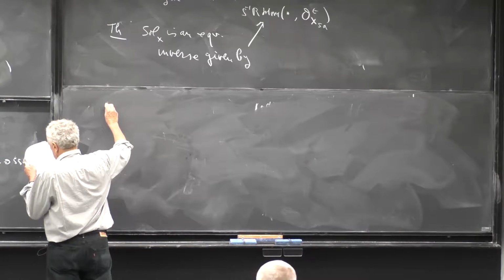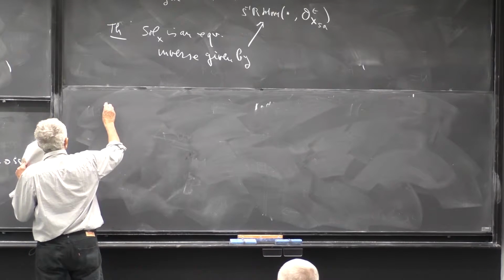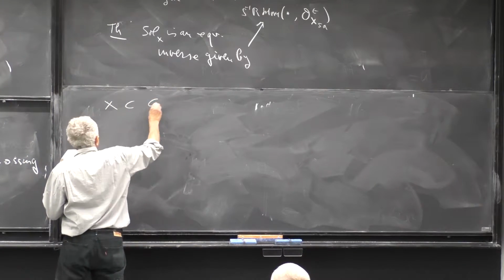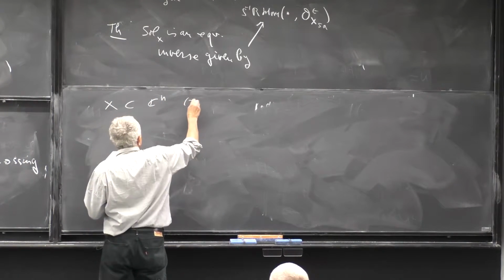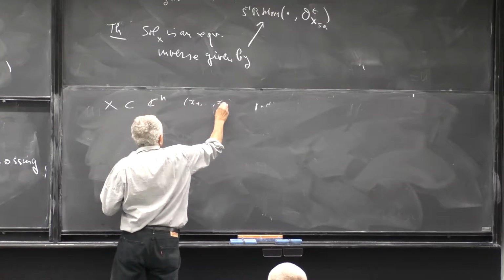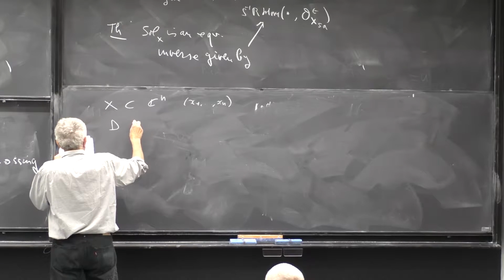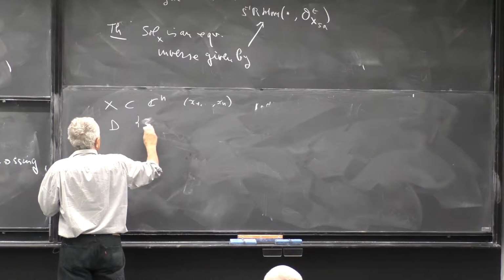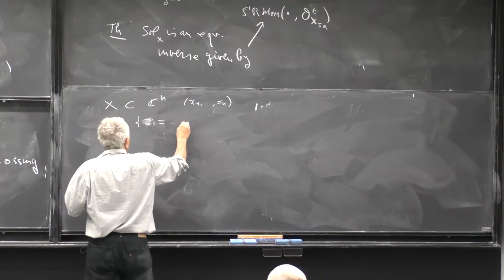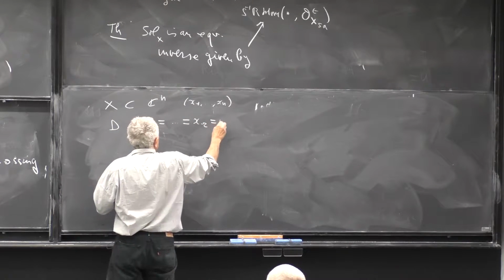So assume that X is open in C^n with coordinates x1, ..., xn. D is a divisor, Z, x1 = ... = xr = 0.